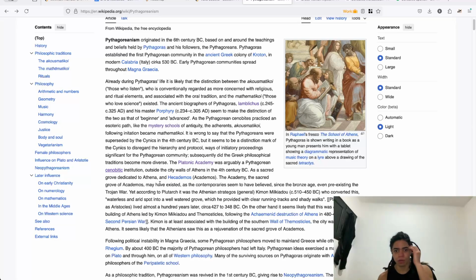Yet according to Plutarch, it was the Athenian strategos, the general, Cimon son of Miltiades, who converted this waterless and arid spot into a well-watered grove, which he provided with clear running tracks and shady walks.